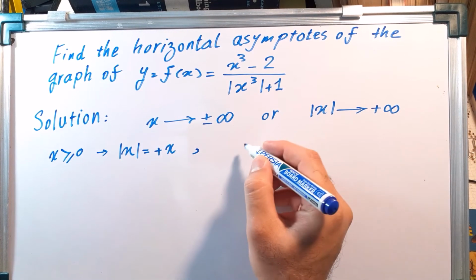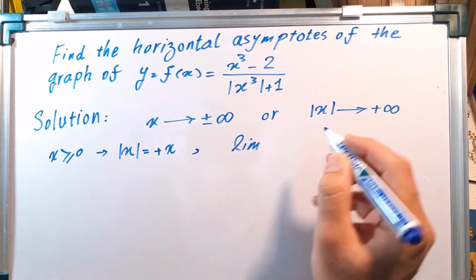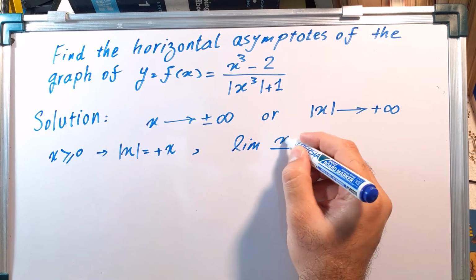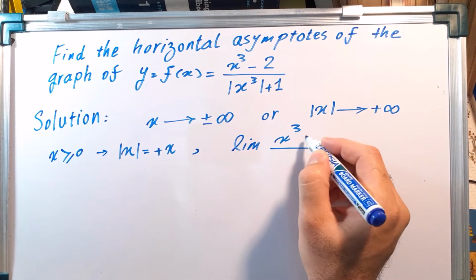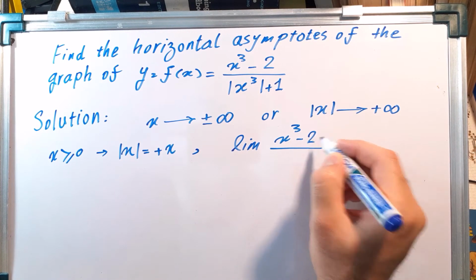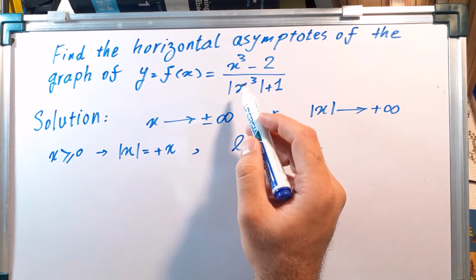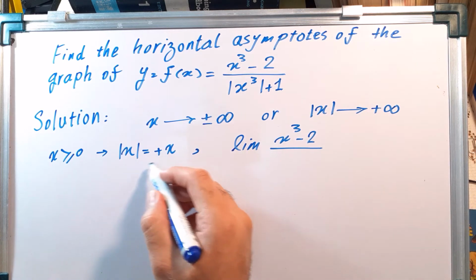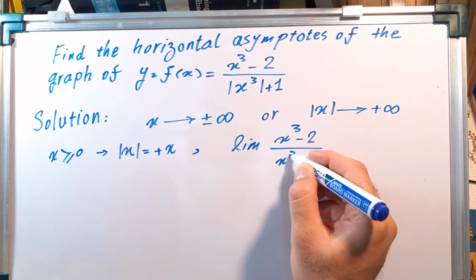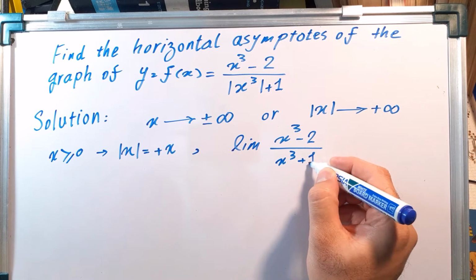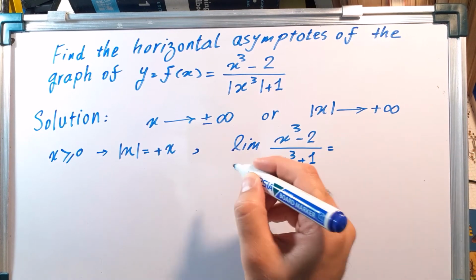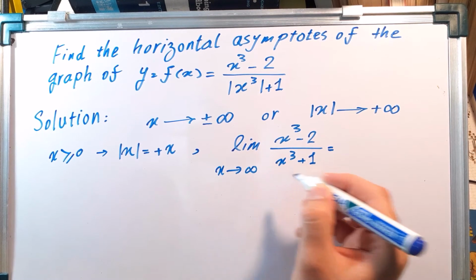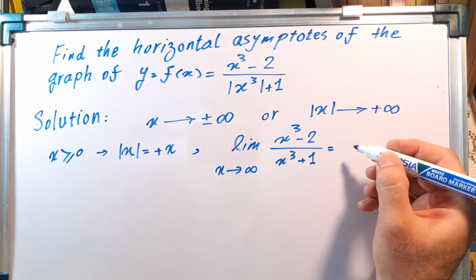So, the limit of x to the power 3 minus 2, because of this, over x to the power 3 plus 1, when x approaches plus infinity.